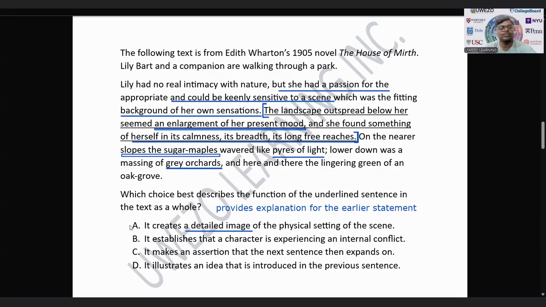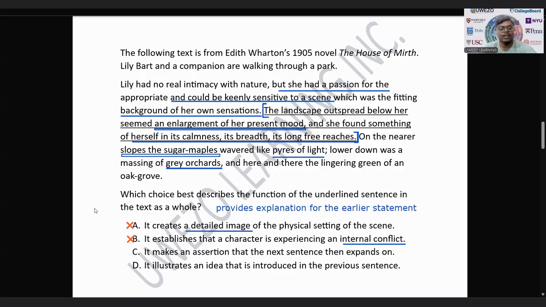So option A is crossed out. Option B says it establishes that a character is experiencing an internal conflict. This one can be clearly crossed out because we don't see any conflict in the underlined statement. So option B is wrong as well. Option C says it makes an assertion that the next sentence then expands on.